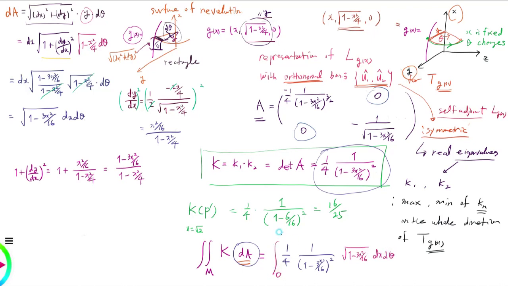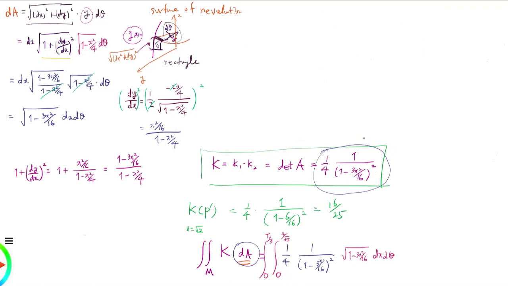X goes from 0 to 4 over square root of 5, and theta goes from 0 to pi over 3. So our maximum theta is pi over 3, because this is a line of z equals square root of 3 times y.